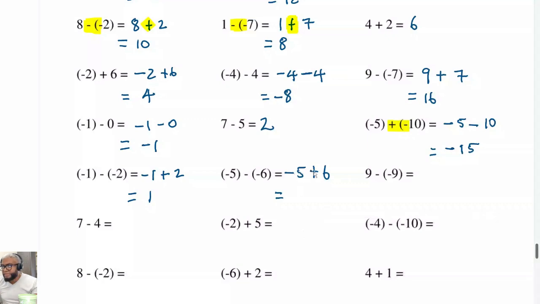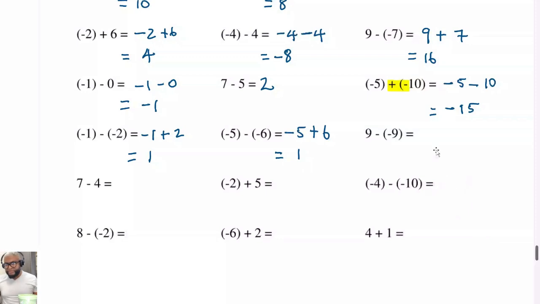When the two signs are different, what do we do? So take 5 from 6. What do we get? 1. Right, and keep the sign of the larger number, so it will be positive 1. Right, Zia? Okay? Yes, sir.